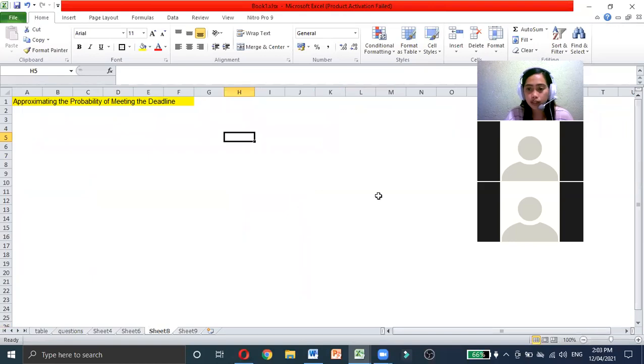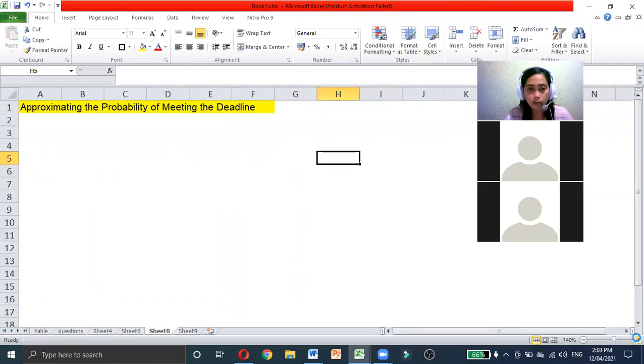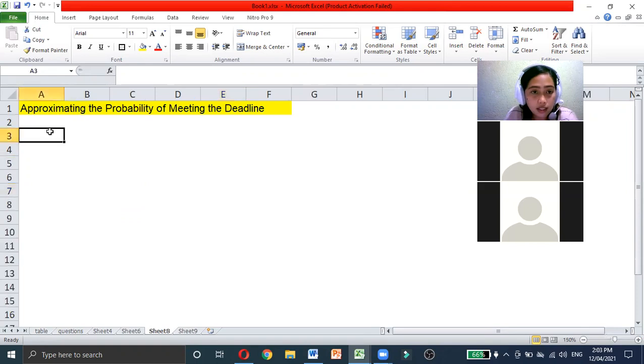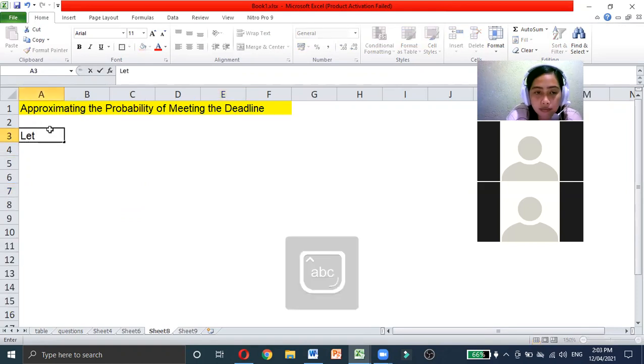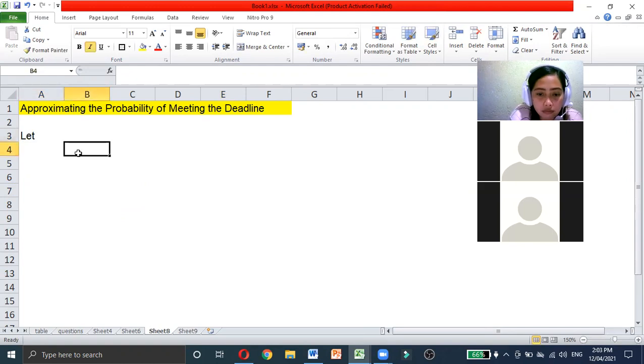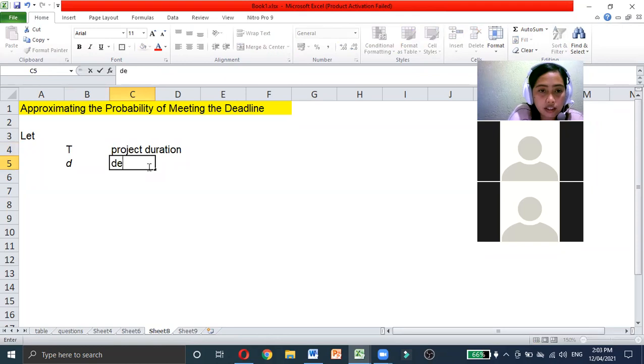So here, we will approximate the probability of meeting the deadline. So let T be the project duration, and then D is the deadline.